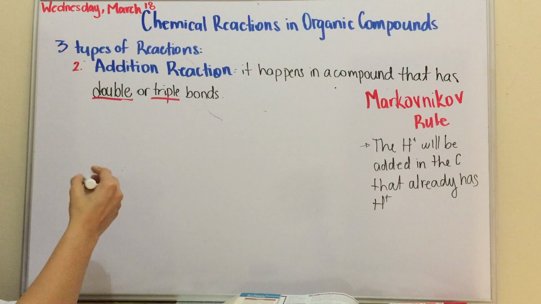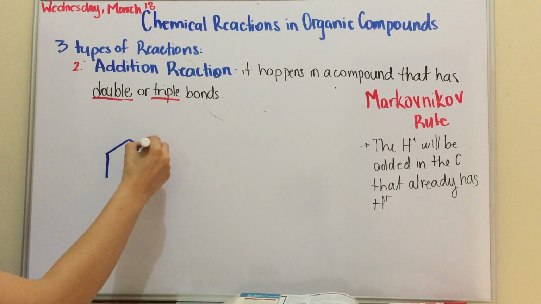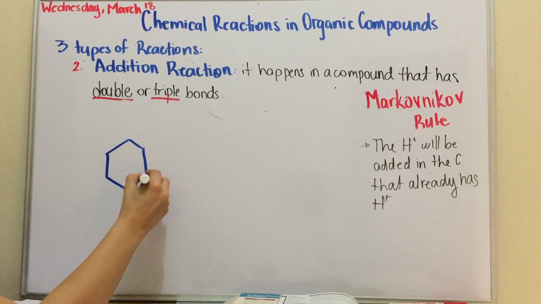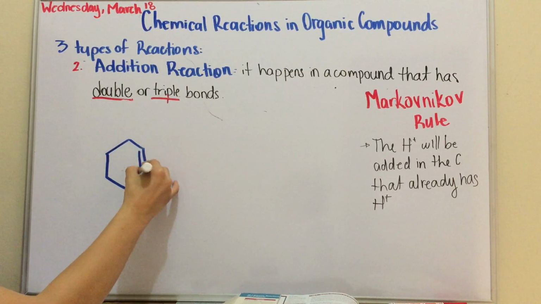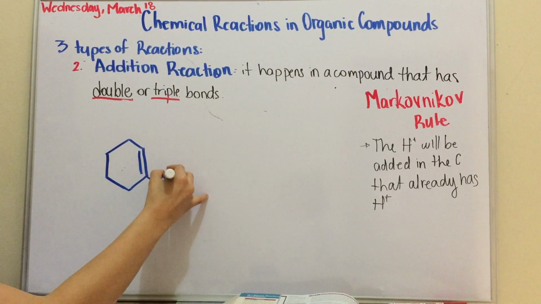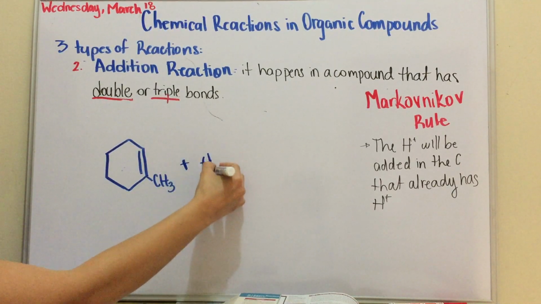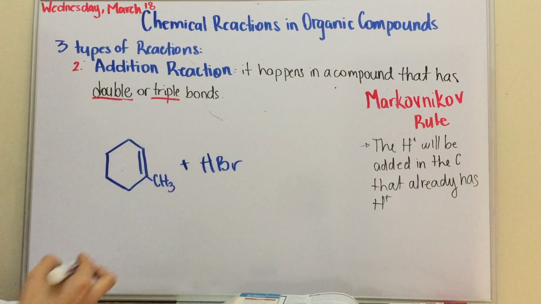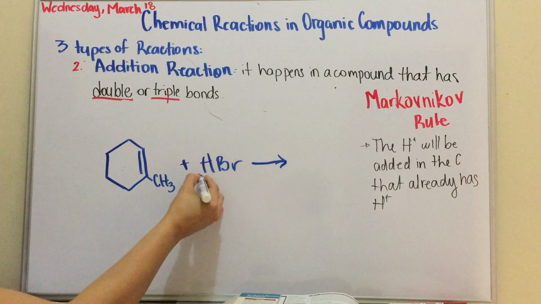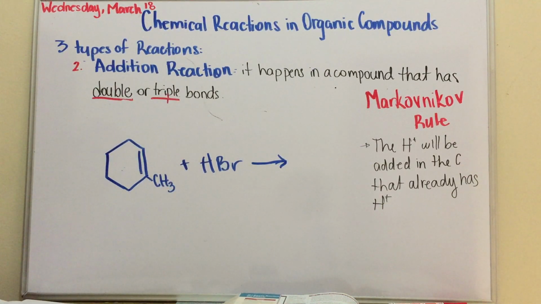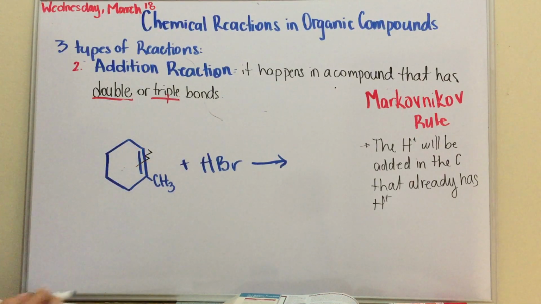Let's figure we have cyclohexene with a branch right here, and we're adding hydrobromic acid. I'm trying to use Markovnikov's rule, and that's why I'm adding hydrogen, so that you can see these types of examples. So my bond is going to get broken between these carbons.